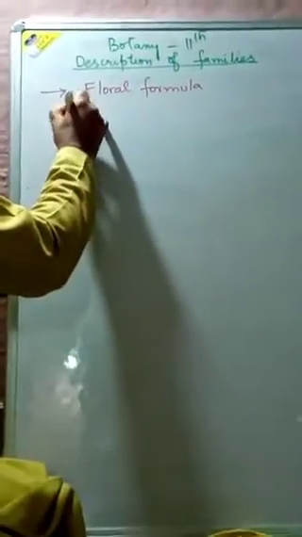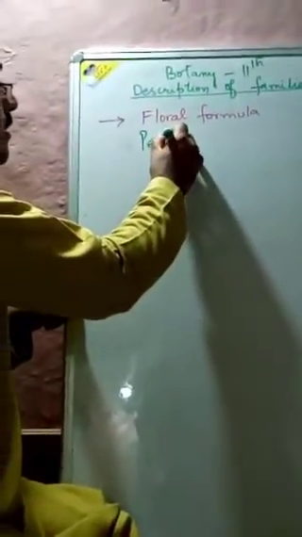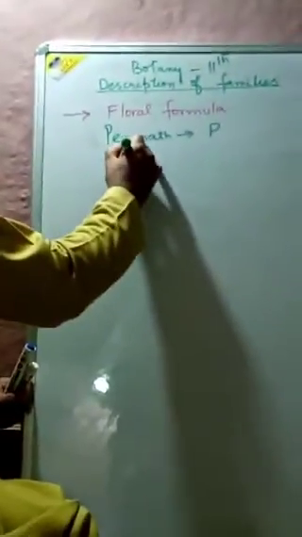Now there is the third, that is called the androecium. Sometimes we see that when in the plant sepals and petals are absent, there is one more word which is called perianth, and it is symbolized as P, and the individual members are called tepals.